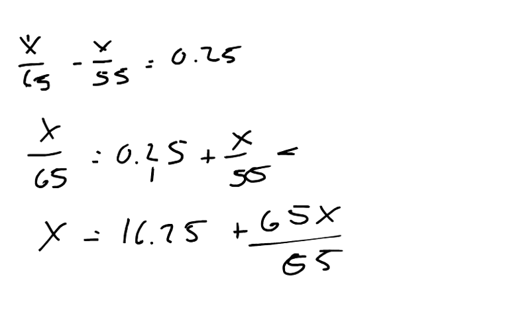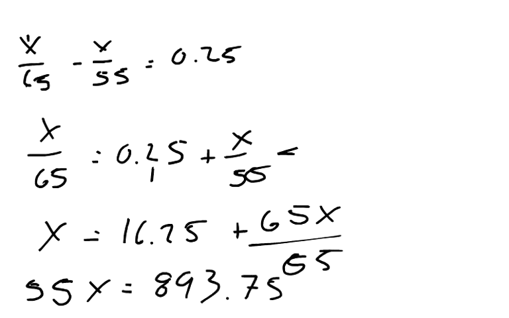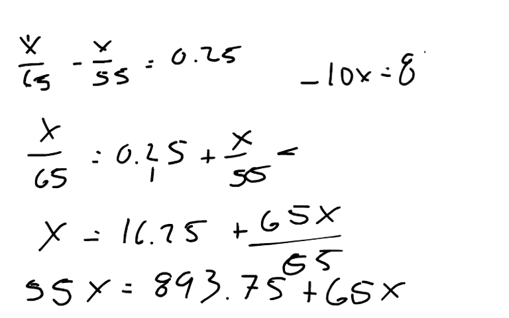Then I can multiply both sides by 55, again using the distributive property. I get 55x equals 893.75 plus 65x. Now I'm going to subtract 65x from both sides. It's going to be negative 10x equals 893.75.